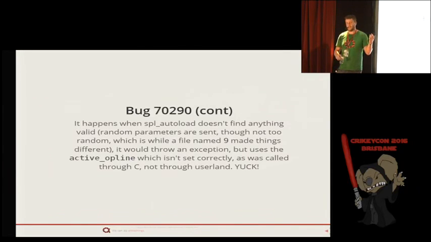And so 9 just came out of it. And if it couldn't find a valid PHP file, it would throw an exception, and it would use a little macro called active_op_line, which is the active line that your operation is running in C, so it could give you a nice stack trace. Problem is, that wasn't set because it was being called in a weird, unusual way.